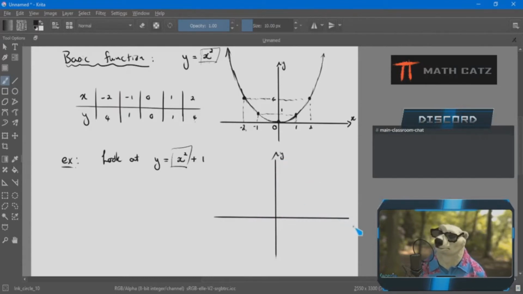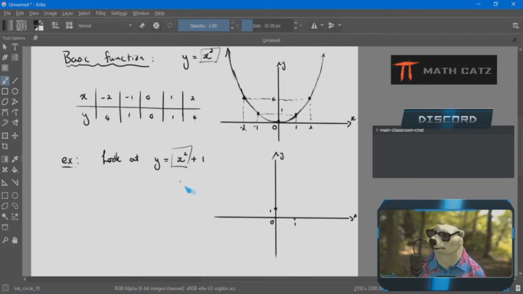So that means that if I'm at x equal to 0, originally 0 squared gives me a y value of 0. I'm doing the same thing, and then I'm adding 1, so I'm going to get a y value of 1. If I'm at x equal to 1, originally it was 1 squared.